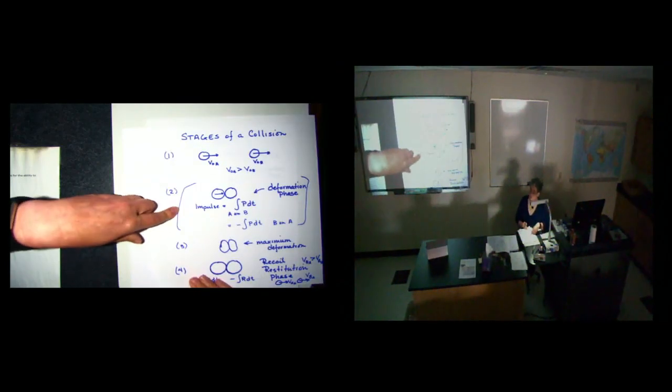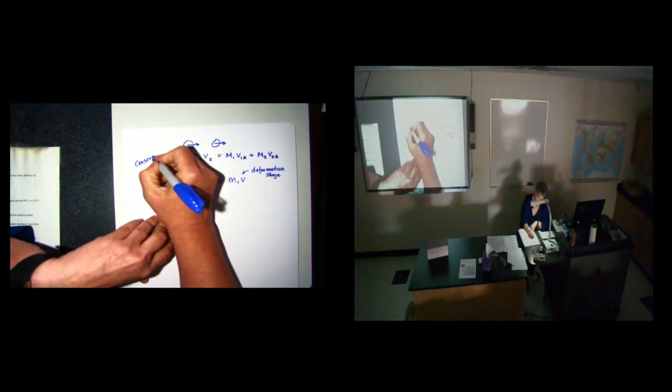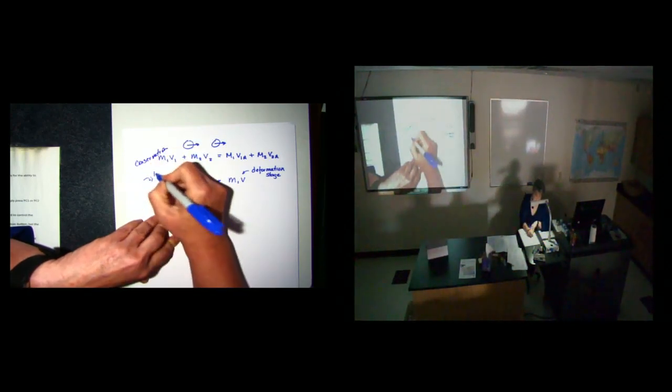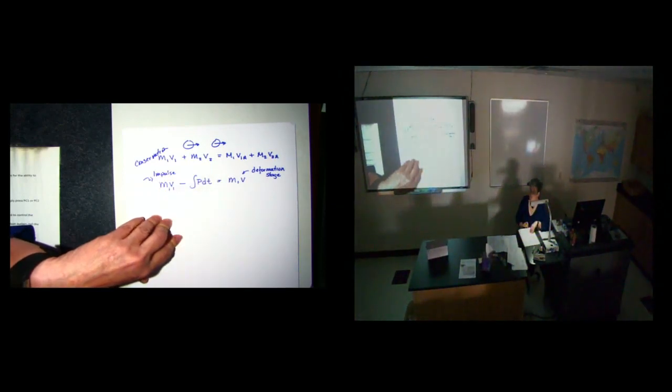I can now look at, so this is at the deformation stage, so now let's look at it at the recoil stage, or restitution stage.